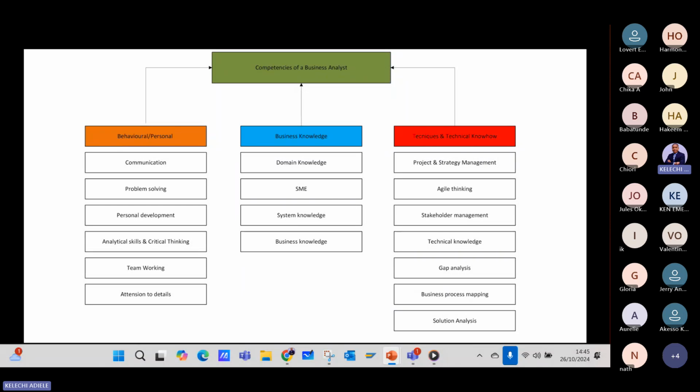And the IT guys might stay on one end. They might have the technical knowledge, but they don't have domain knowledge. They don't have business knowledge. Most of them also don't have the required personal behavior on how to manage business. That's the problem why projects fail.